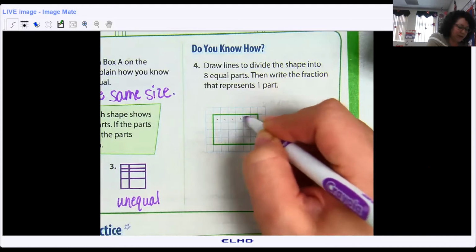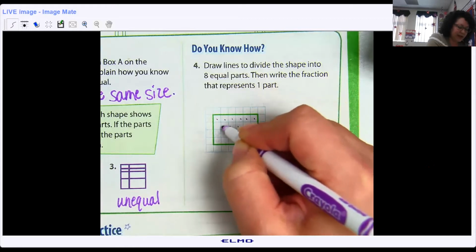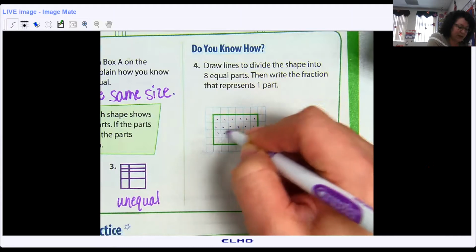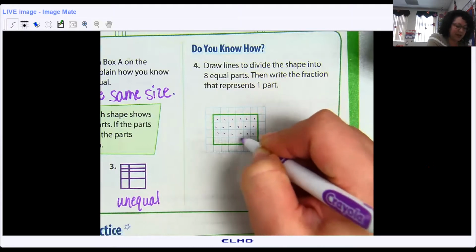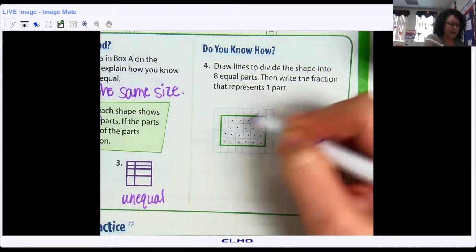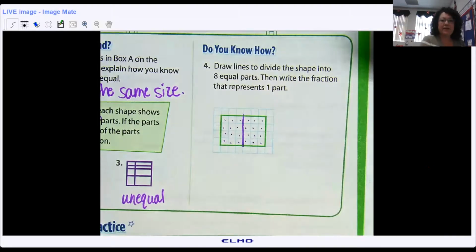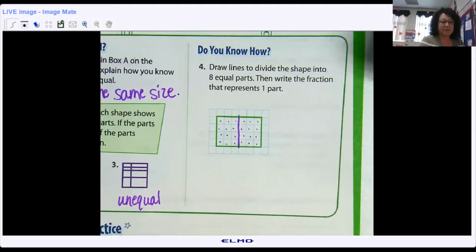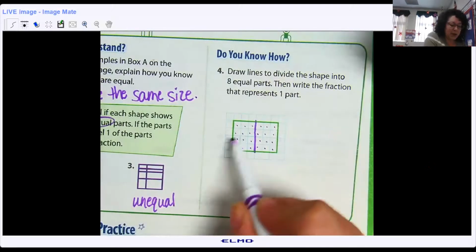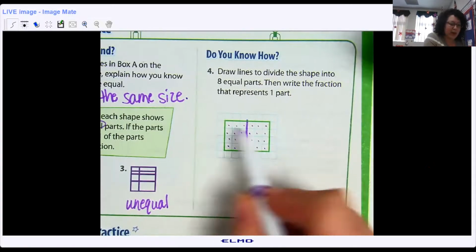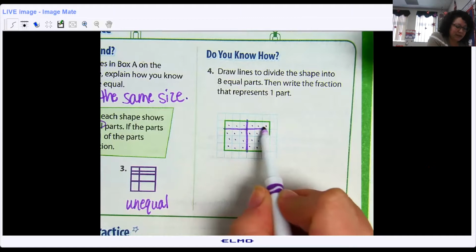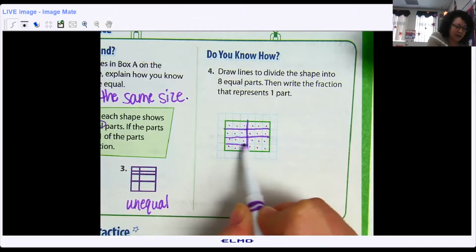So if I divide it that way, and there's 4 rows, 1, 2, 3, 4.